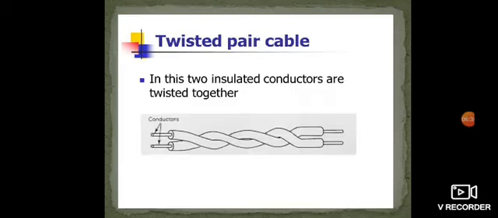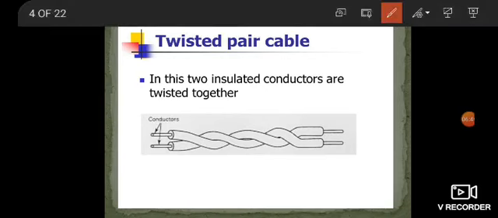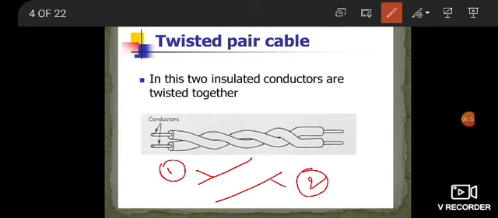The next one is the twisted pair cable. The name indicates that it is a twist. In the parallel wire, we have the first conductor and the second conductor, which acts as a ground, and this is the conductor used to transfer the data.